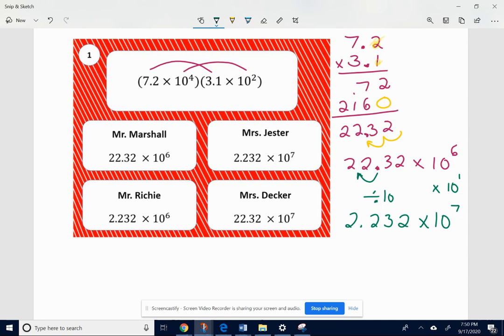If you understand this, you can turn off the video. But let's say you don't understand as well how to fix it.